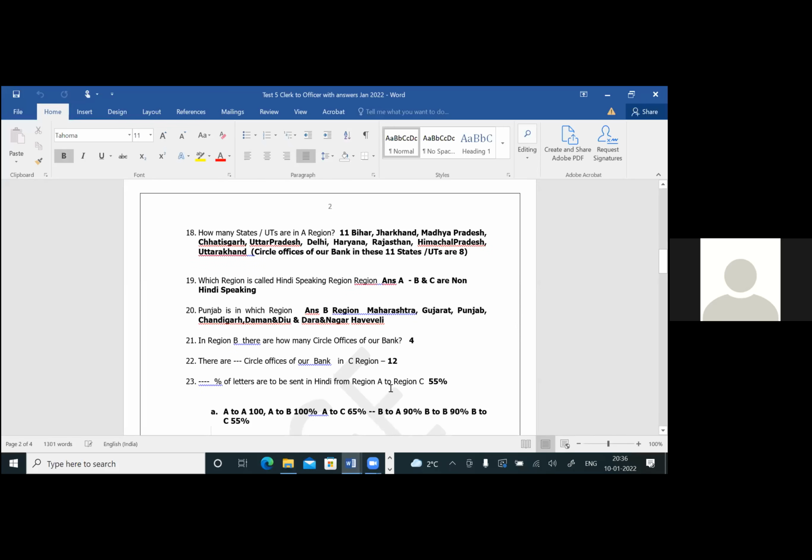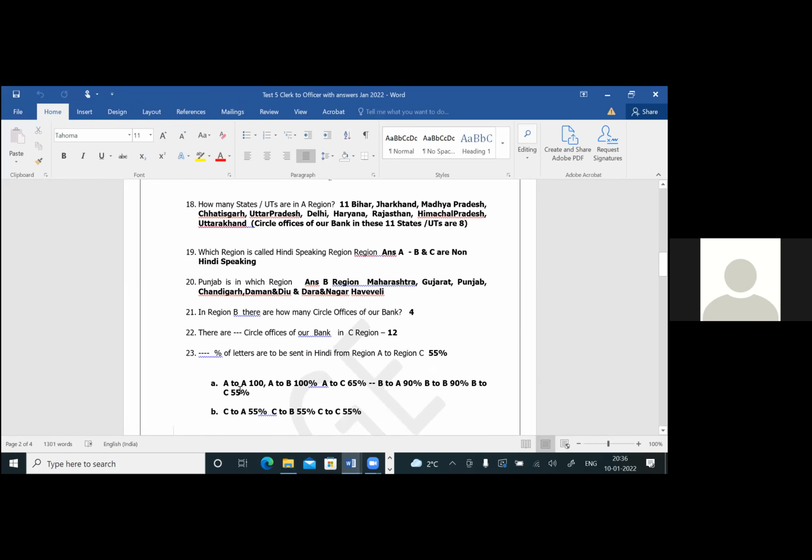Then, dash percentage of letters are to be sent in Hindi from A region to C region. All of you are aware. Starting from A region: A to A 100, A to B 100, and A to C 55.